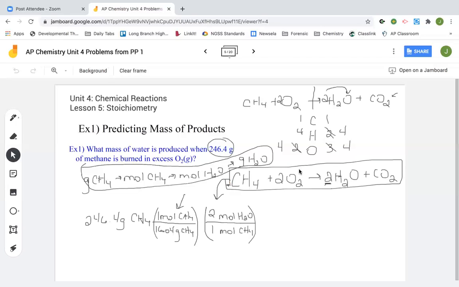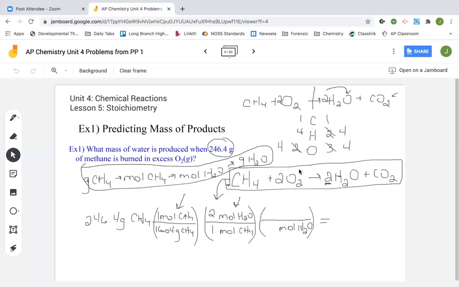Now, in that step, we just converted from moles of methane to moles of water. We're going to set up our last fraction to now convert from moles of water to grams of water. So because we have moles of water up top here, on the bottom of our next fraction, we also want moles of water because remember, we want our units to cancel. So we're going to have moles of water right here.